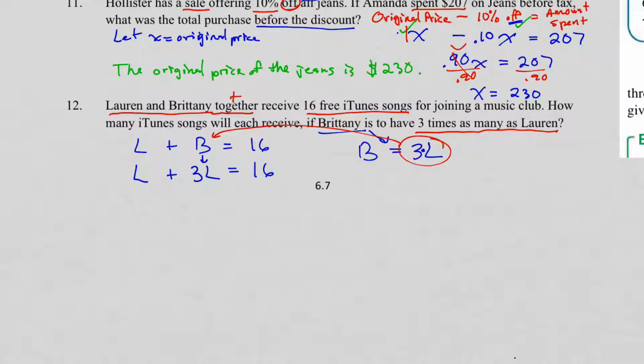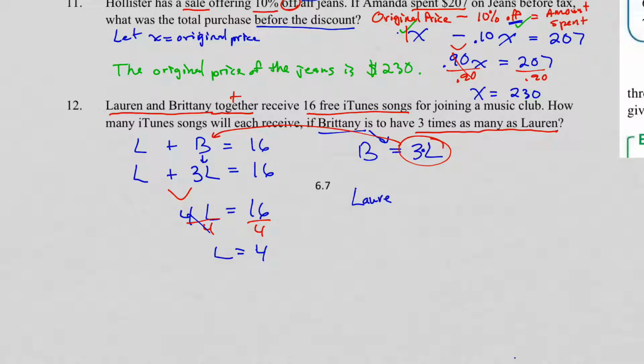And now we have a nice simple equation. That's 1L plus 3L is 4L. Divide both sides by 4, and we get 4L equals 4. So what is this saying?